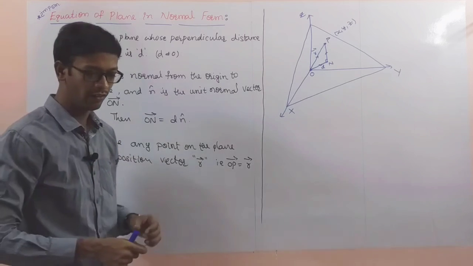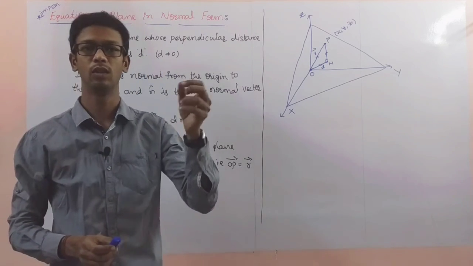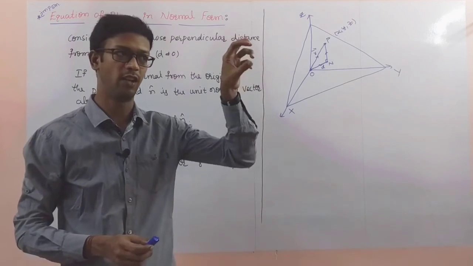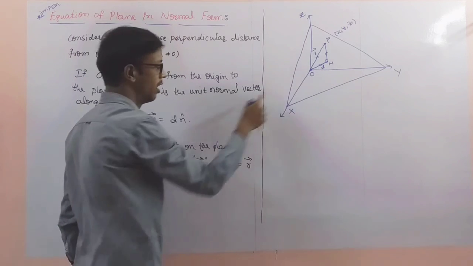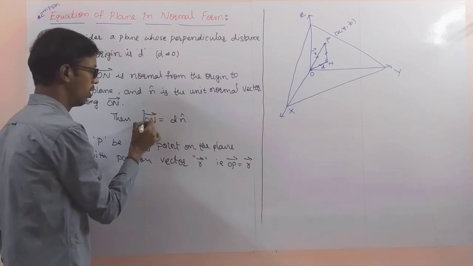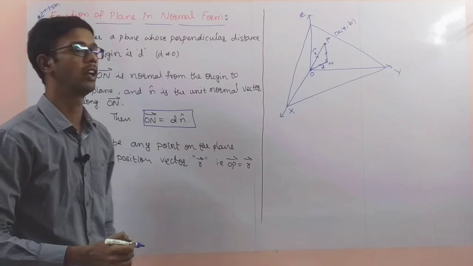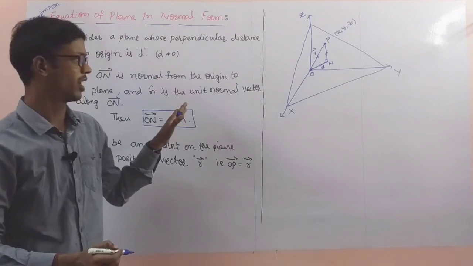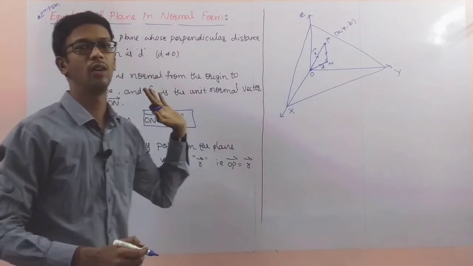In vector algebra we also discussed this: to find a vector of magnitude 7, first multiply the unit vector by 7. Here the distance is d and n cap is a unit vector. So ON bar equals d n cap. You can write this in your own words, making the diagram representation here.